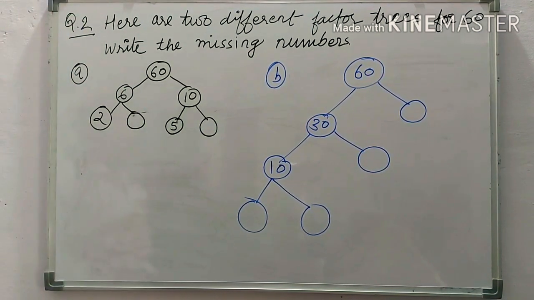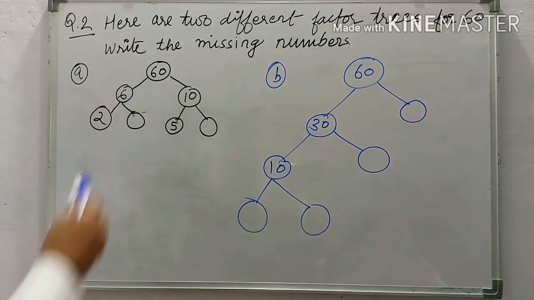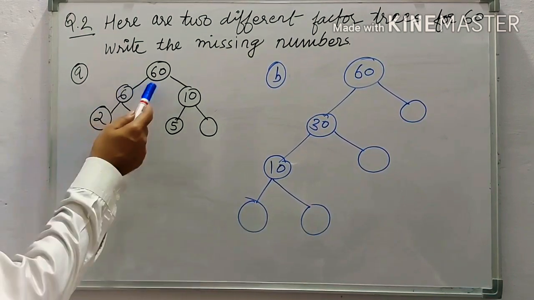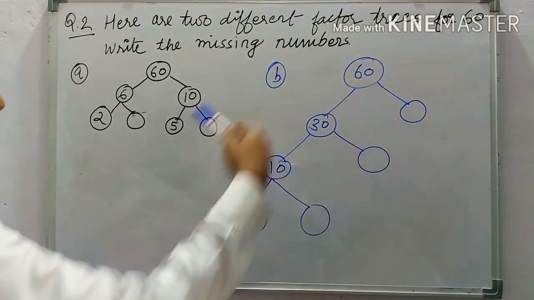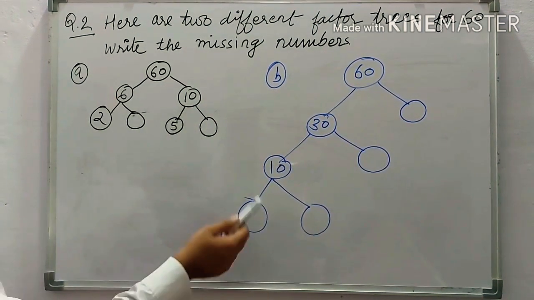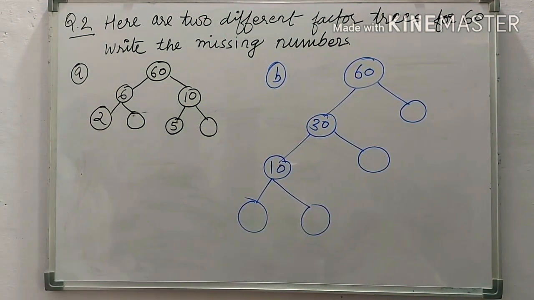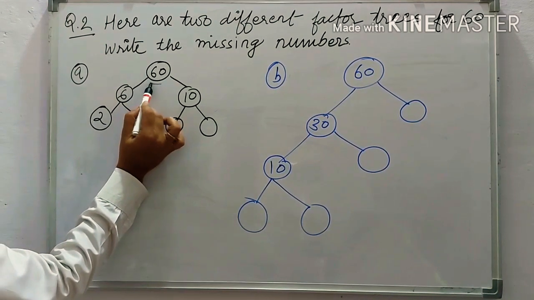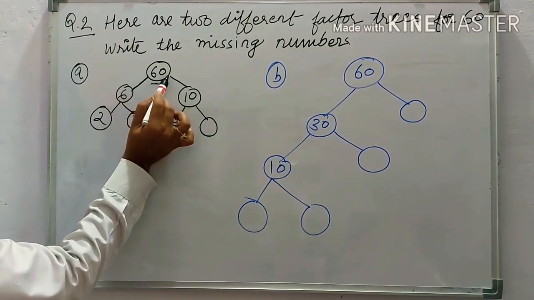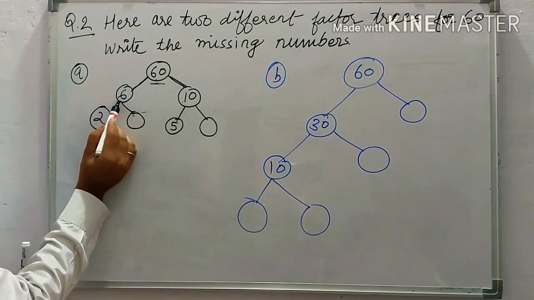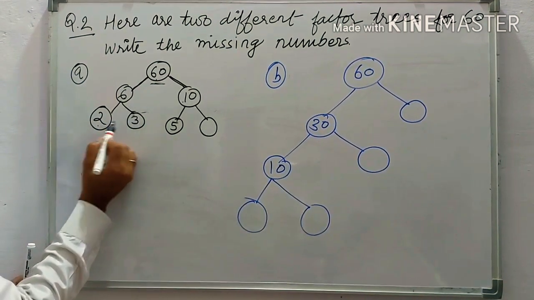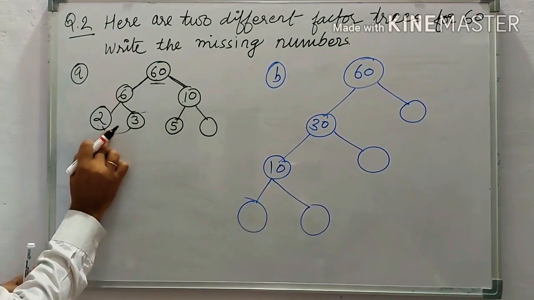Now here are two different factor trees of 60. Write the missing numbers. This is the first factor tree, and this is the second factor tree. Okay, let's start. Now 60 will split into two factors: 6 into 10 is 60, and 6 is 2 into 3, because 2 times 3 is 6.